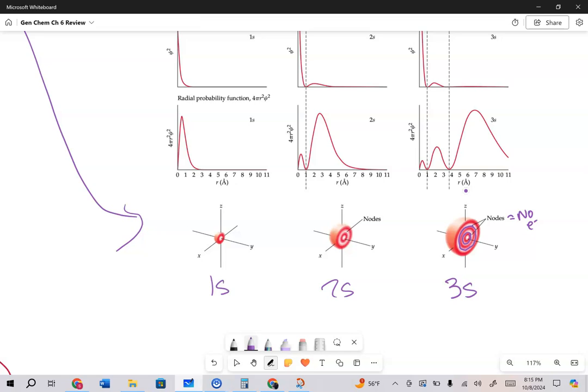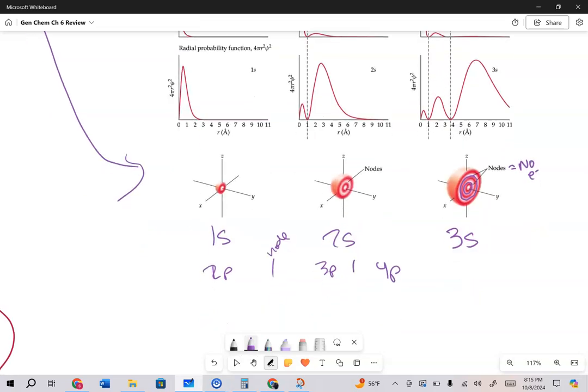So the radial probability function is essentially just that there are nodes between different energy levels. And if we're looking at 1s, 2s, 3s, or if we're looking at like 2p, 3p, 4p, there would be a node in between each one, is essentially what we're predicting using these radial probability functions. Okay?